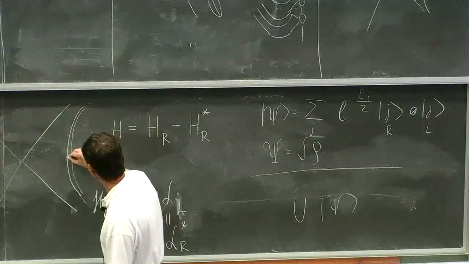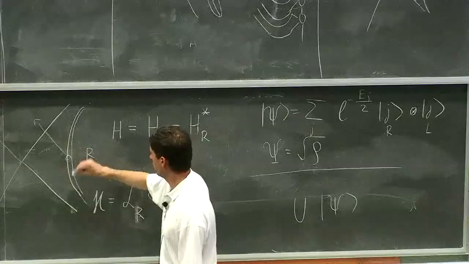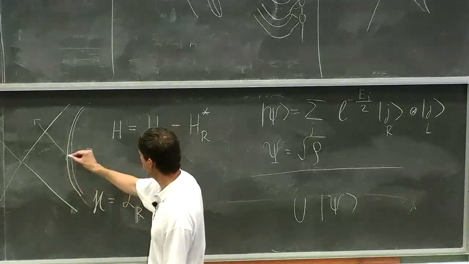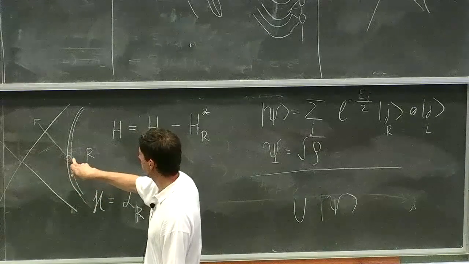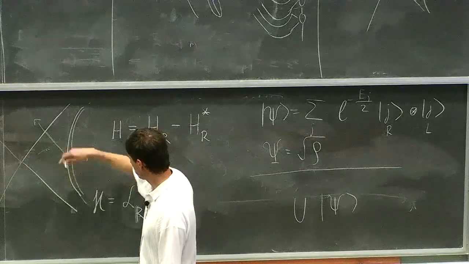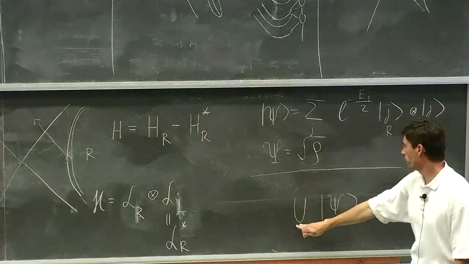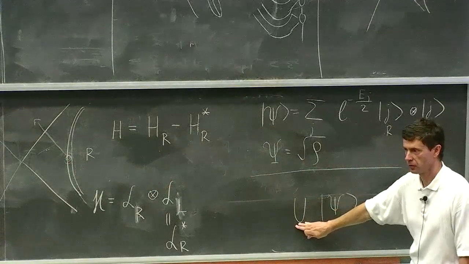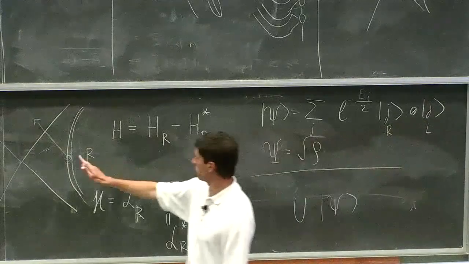We send a probe. Sending a probe means acting on the boundary, and the action is on both the qubits and the gravitational degrees of freedom. And in fact, sending the probe can be described by this U. So this is actually the operation of sending the probe.